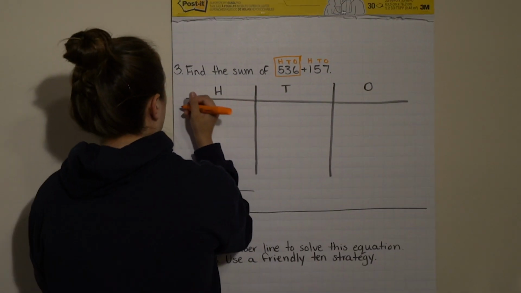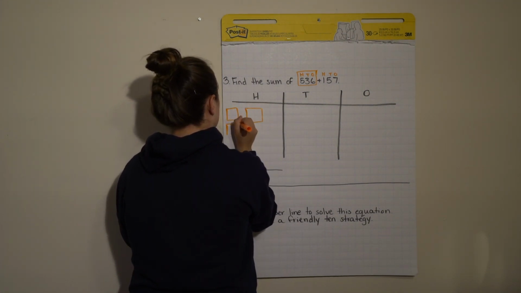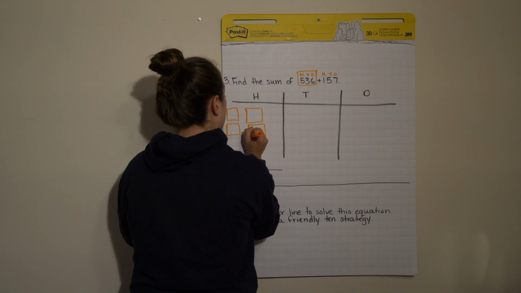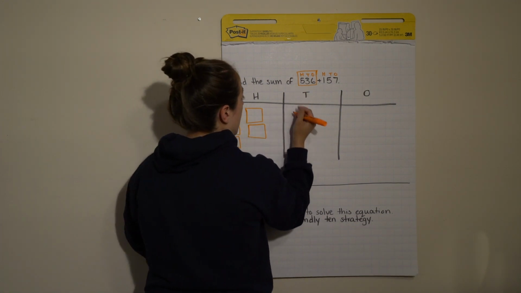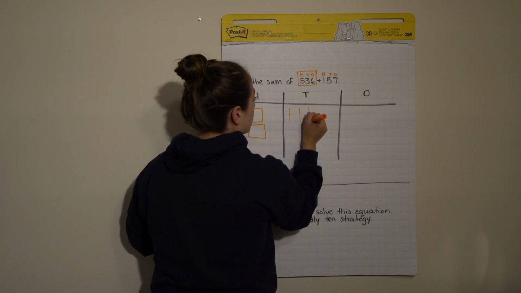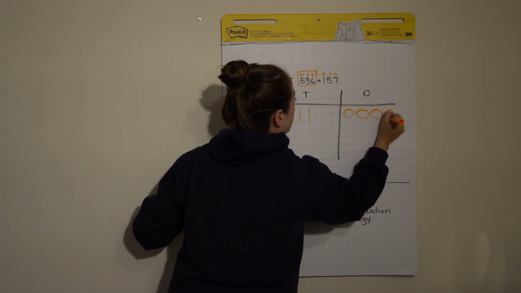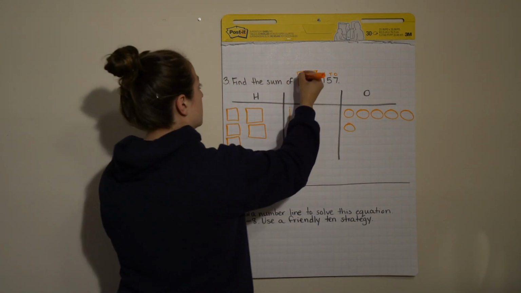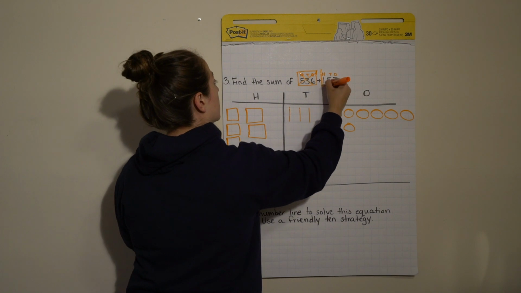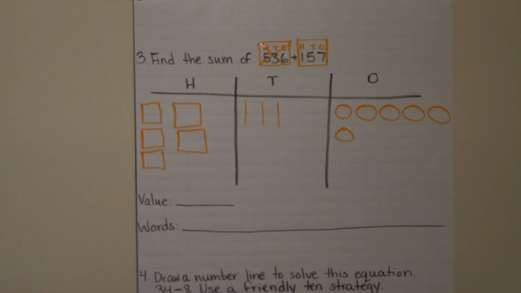Okay, so I have 500s. 1, 2, 3, 4, 5. Then I have 3 tens. 1, 2, 3, and I have 6 ones. 1, 2, 3, 4, 5, 6. Okay, so I'm done with this number. Now we're going to focus on this number. So you can go ahead and draw that out.